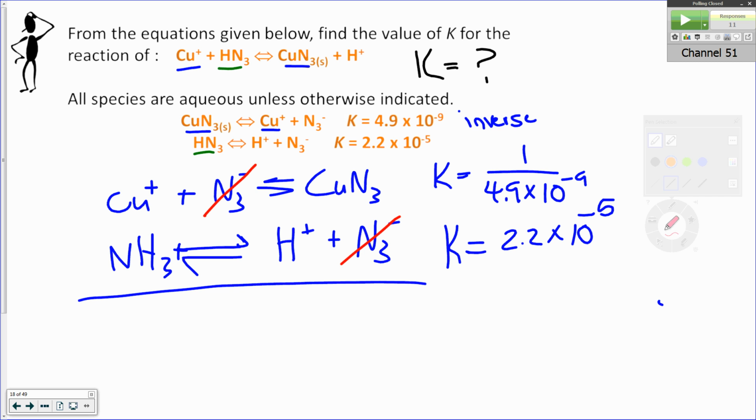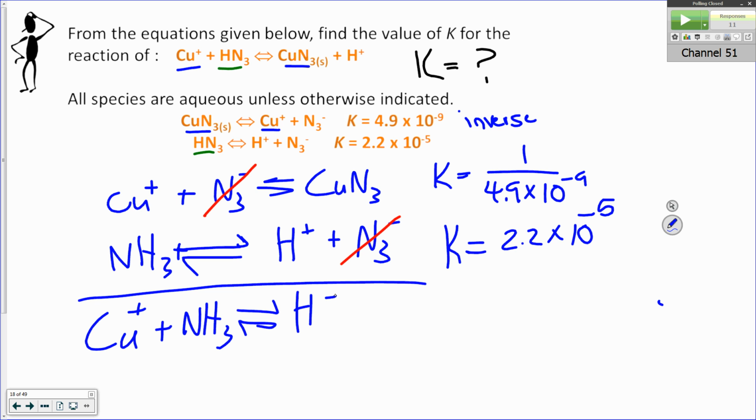So now if I took those two things and add them together, I get something that matches what I'm looking for.